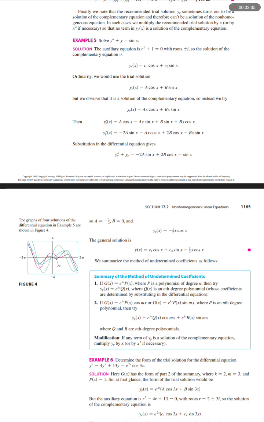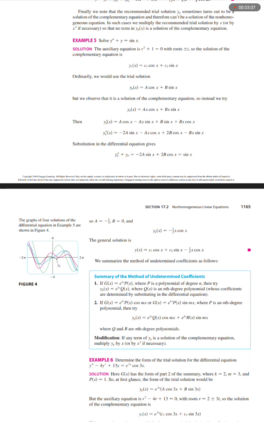Number 1: if G(x) = e^(kx) P(x), where P is a polynomial of degree n, then try y_p(x) = e^(kx) Q(x), where Q(x) is an nth degree polynomial whose coefficients are determined by substituting in the differential equation.